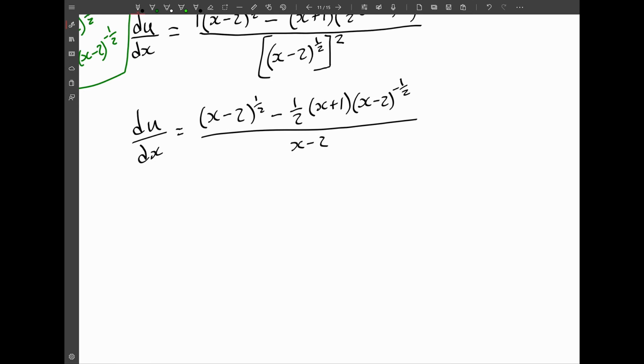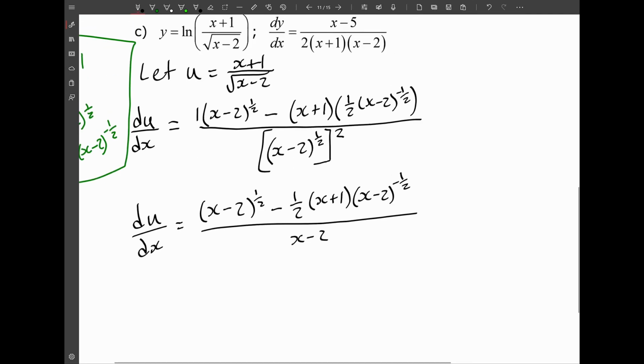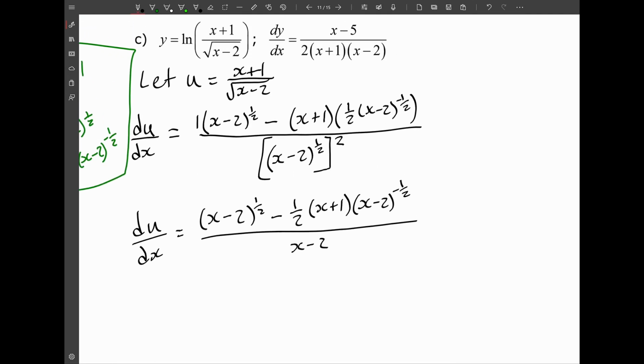Okie dokie. Now, here's the thing. With something like this, if we want to simplify this as much as we can, I'm going to want to do some factoring. Now, I know how much you all love factoring with rational exponents. So that's what we're going to do now, because I know that you adore that. So take a look at these two. They look almost like they're the same, and so that's why we want to factor from those.